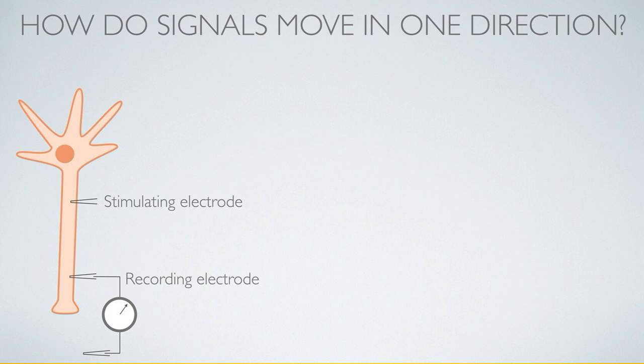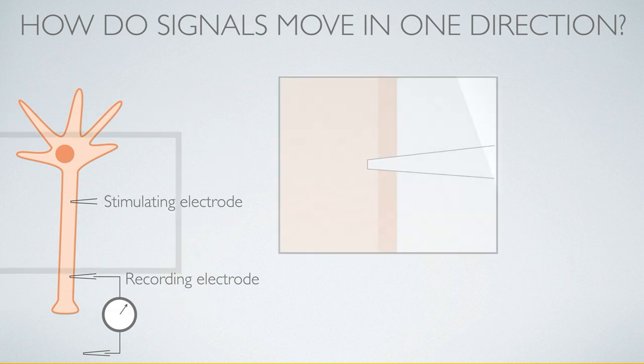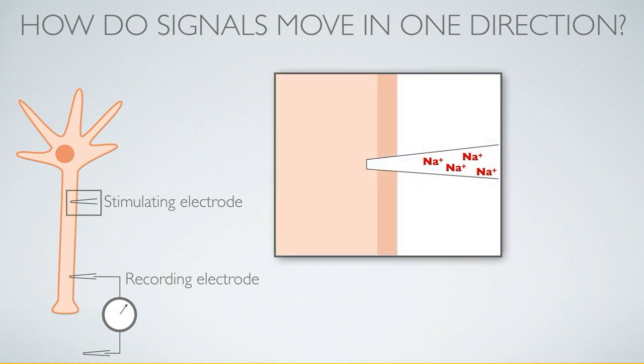And what's a stimulating electrode? Well, that allows us to manipulate the membrane potential. And in particular, if we allow for a flow of sodium ions at that site, then we can experimentally create a depolarization. We can trigger an action potential.